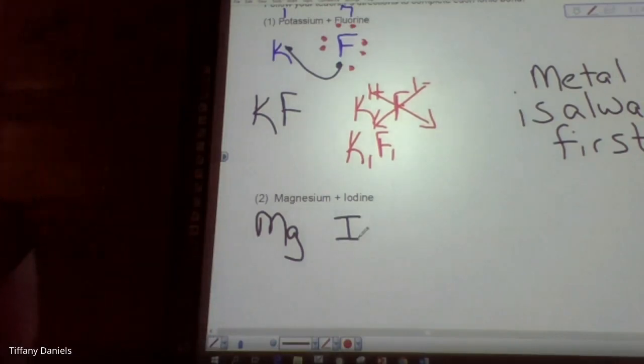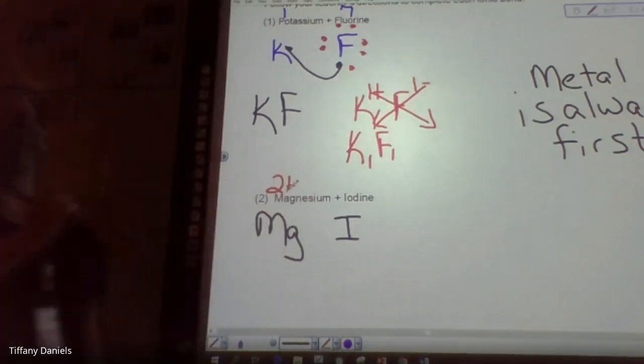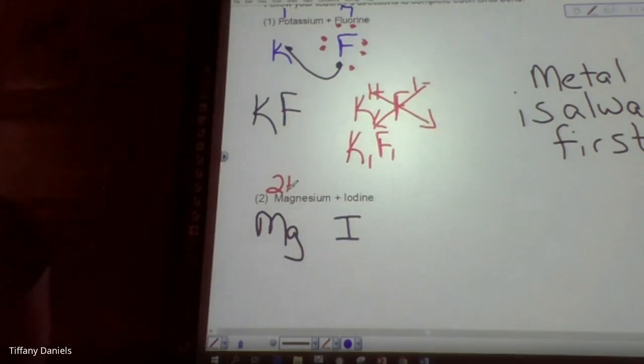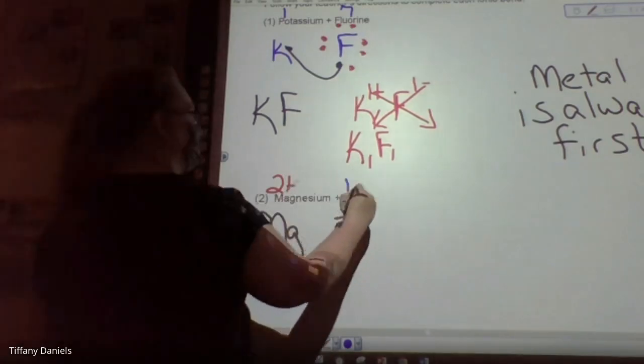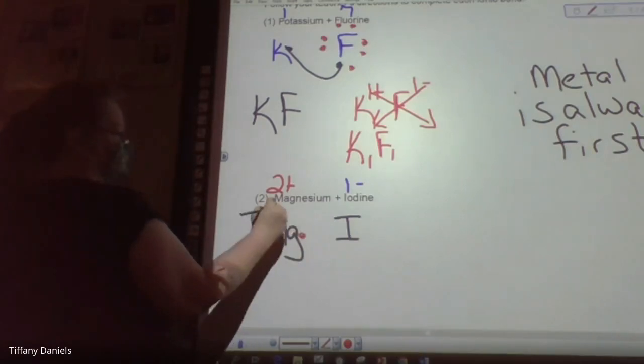What's the oxidation number for magnesium? 2 plus. And the oxidation number for iodine? 1 minus. So 2.